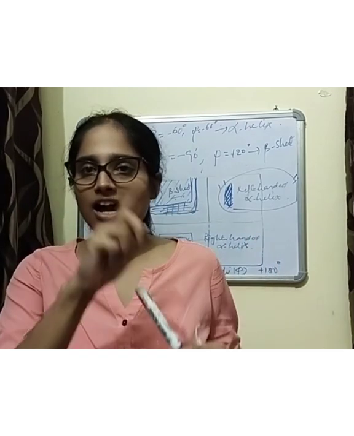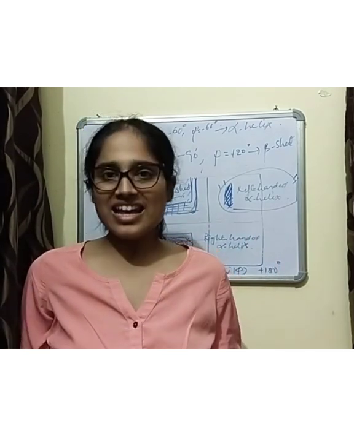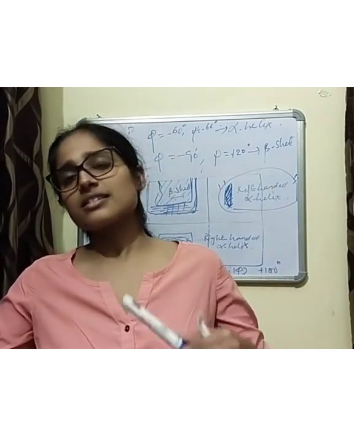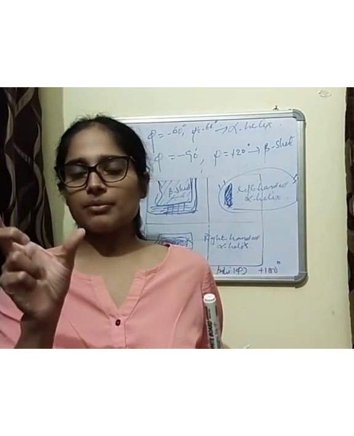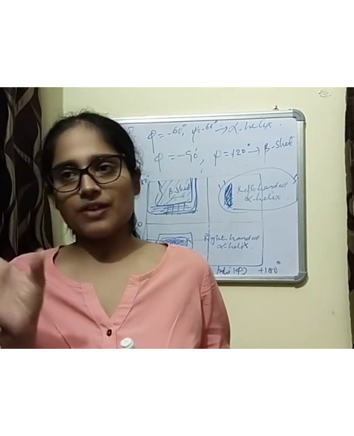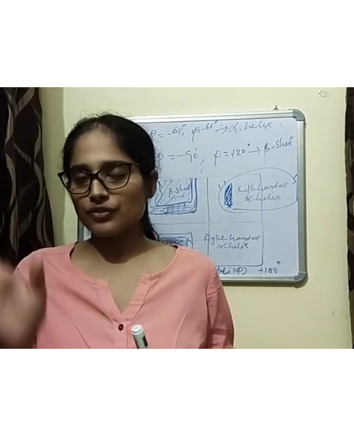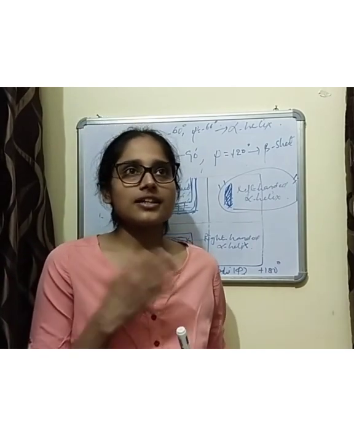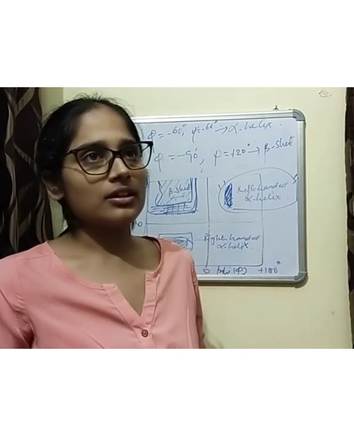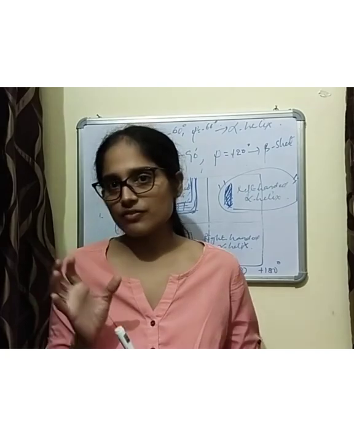Then the R groups of the corresponding amino acids exist in trans configuration. And the bond length of C-N is shorter because of the partial double bond character, and it is coplanar in nature. So these are some of the characteristics of the peptide bonds.